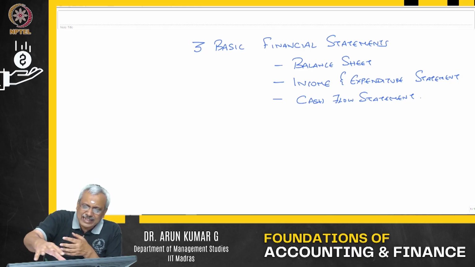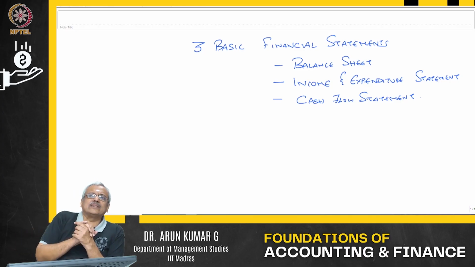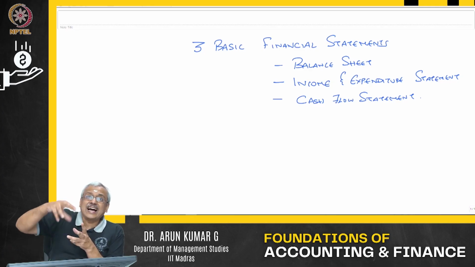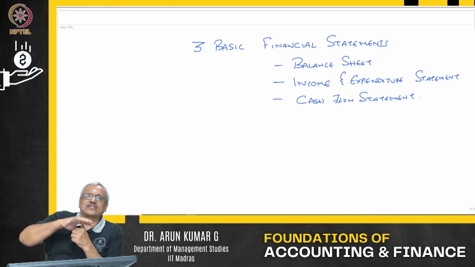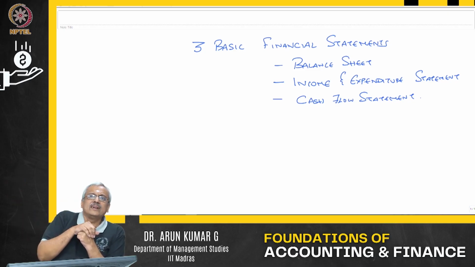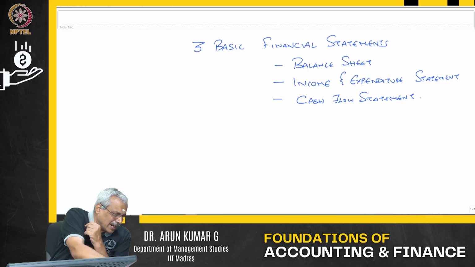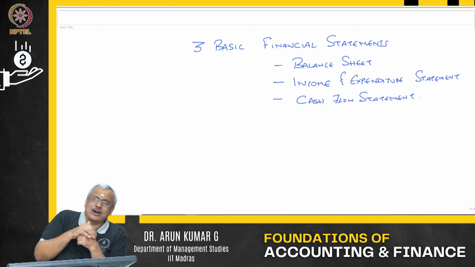So we take these 3 financial statements and analyze them, and the finance part starts from there. We analyze to look at the profitability, the performance, and the utilization of assets.